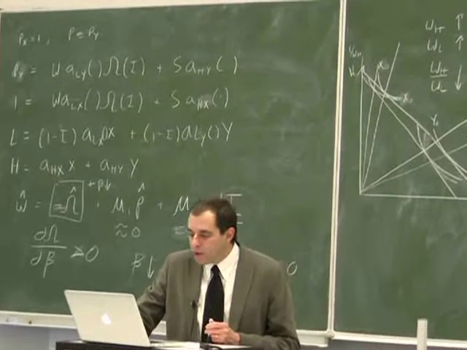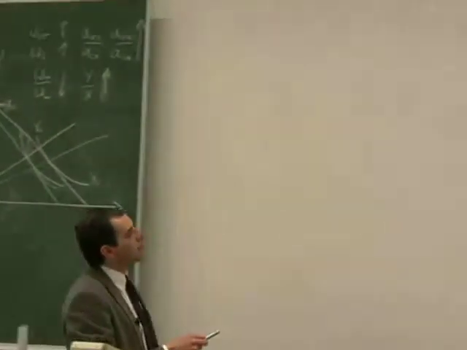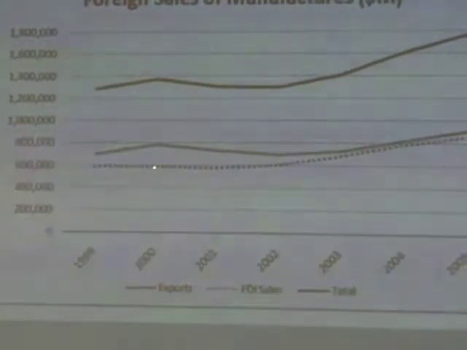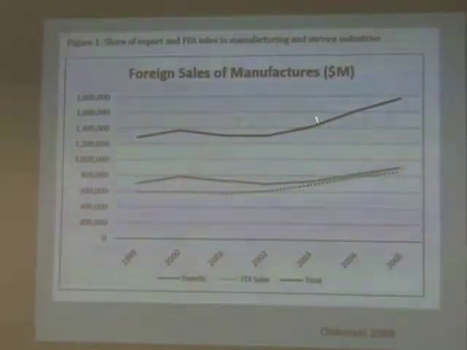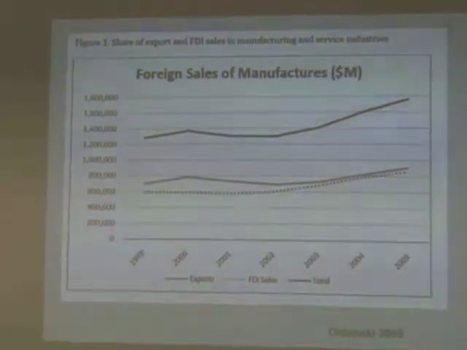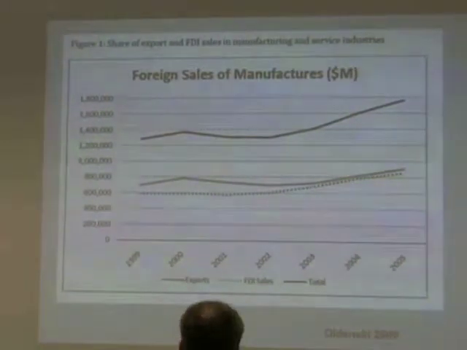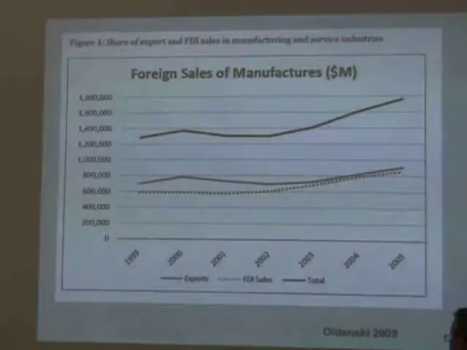And if you look in manufacturing, this is exports, and this is foreign direct investment, right? This is the total. Maybe we should actually turn off that other overhead light. And so you can see that in manufacturing, it's about equally weighted between FDI and exports.